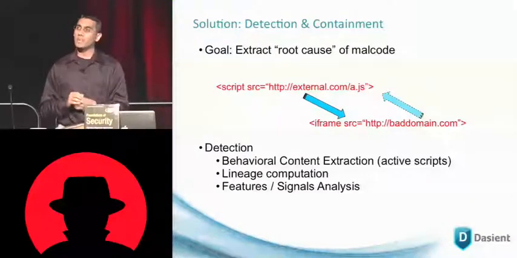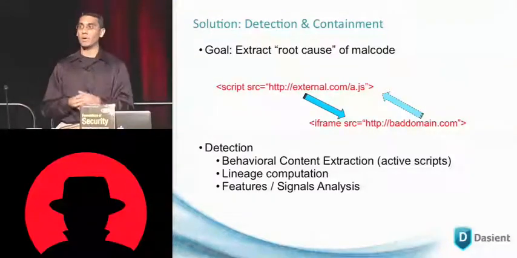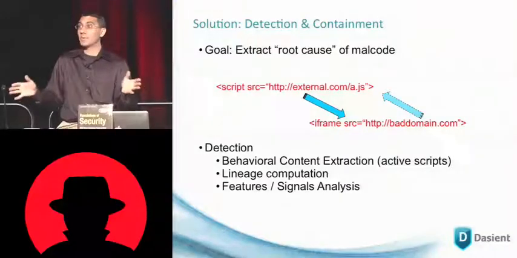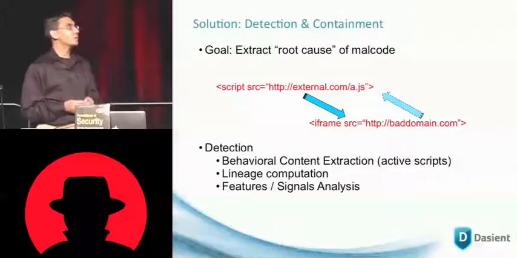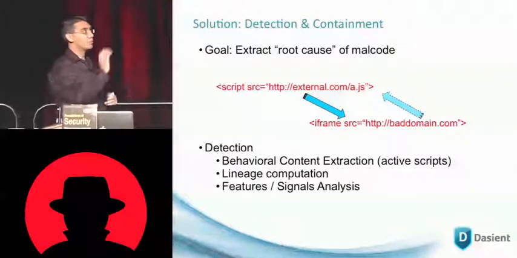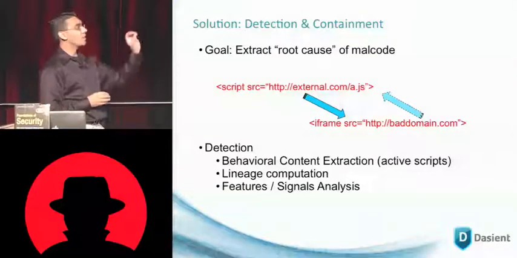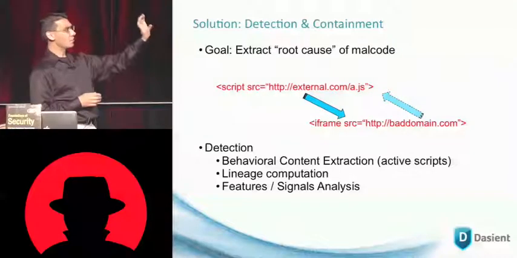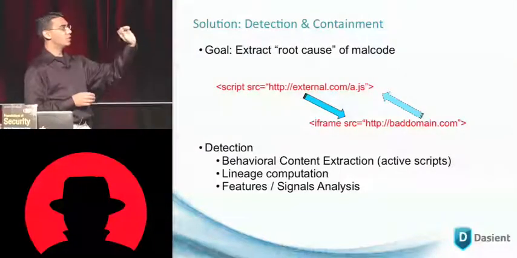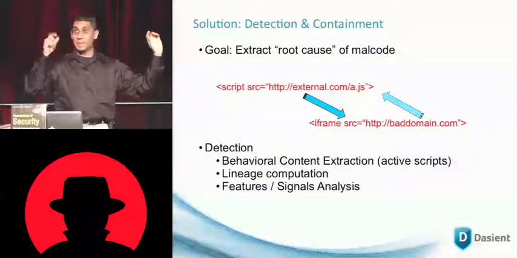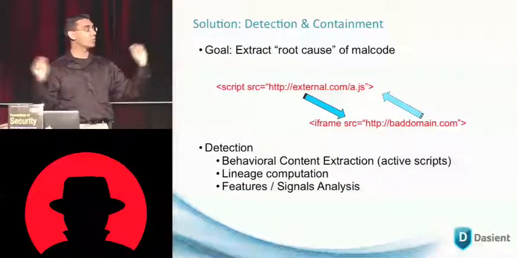And from what we've seen in the world of web-based malware, most of the attacks are in fact zero days. So there are zero days which refer to new domains, which rely on all kinds of new techniques for exploiting. And so the detection should typically be behavioral. It needs to be able to compute the lineage back to the top level code snippet which resulted in the problem.